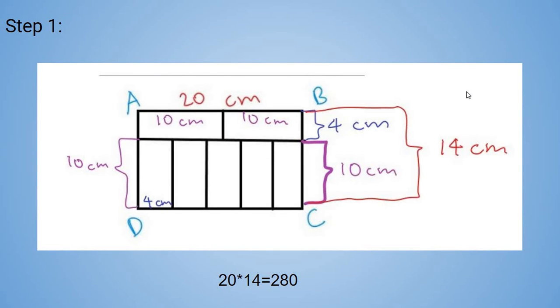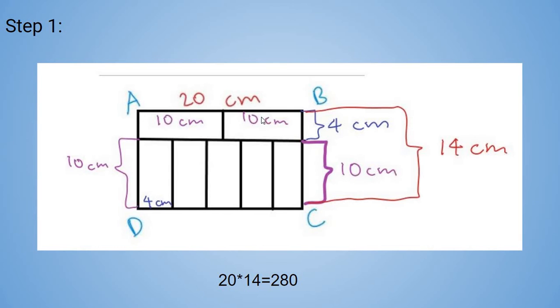This is a complicated diagram, but let me explain it to you. First, since this is 7 congruent rectangles, we know this is split exactly in half. So this must be half of 20 centimeters, which is 10 centimeters.